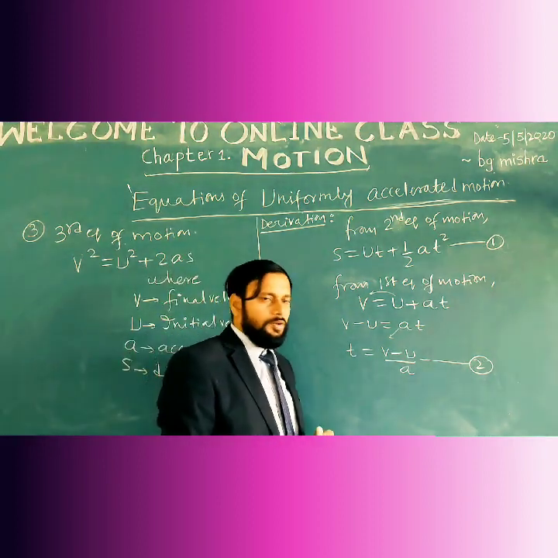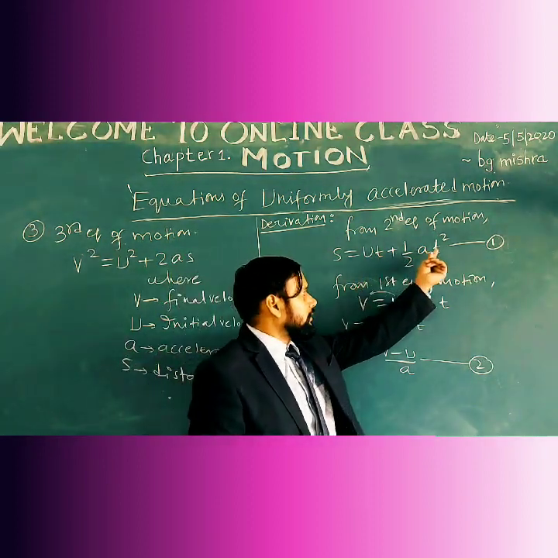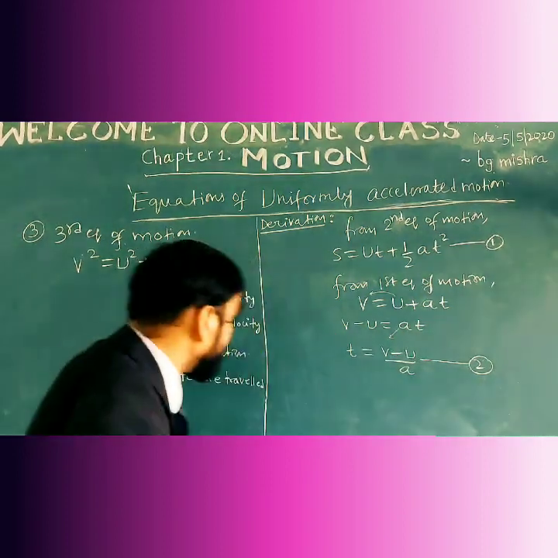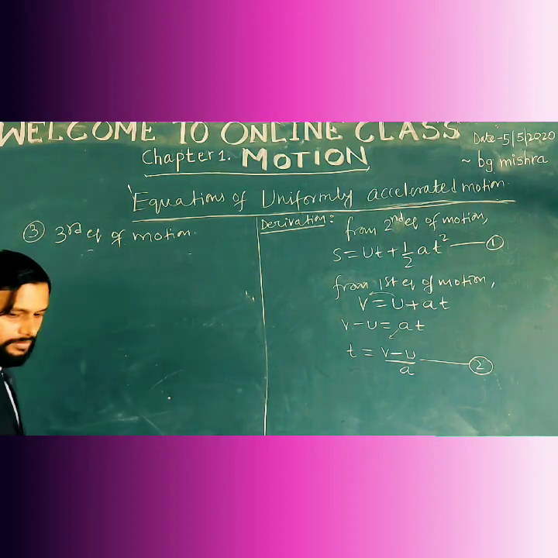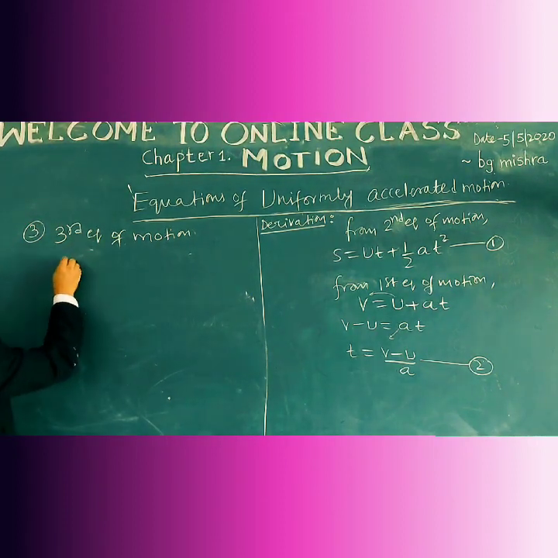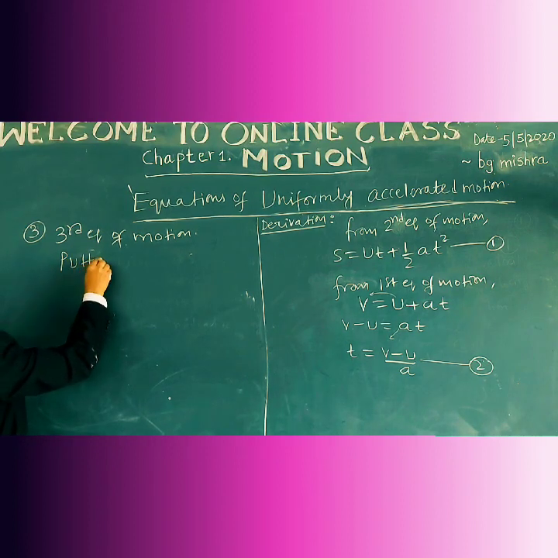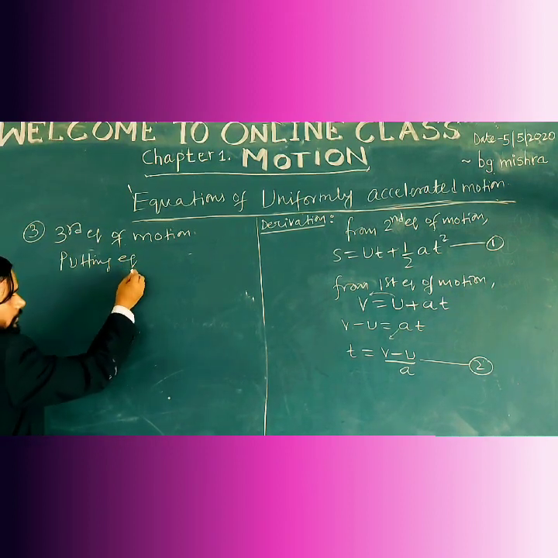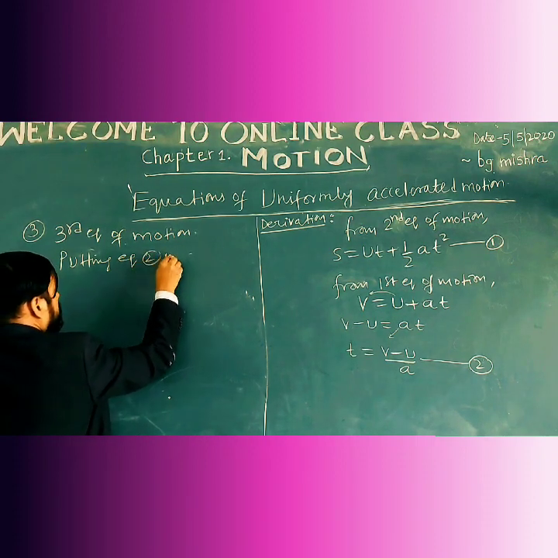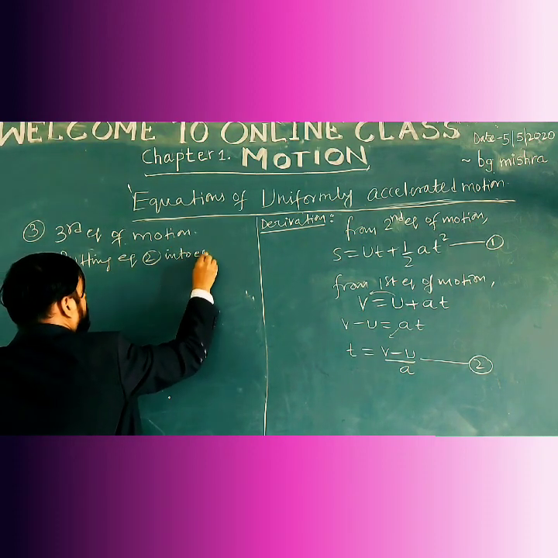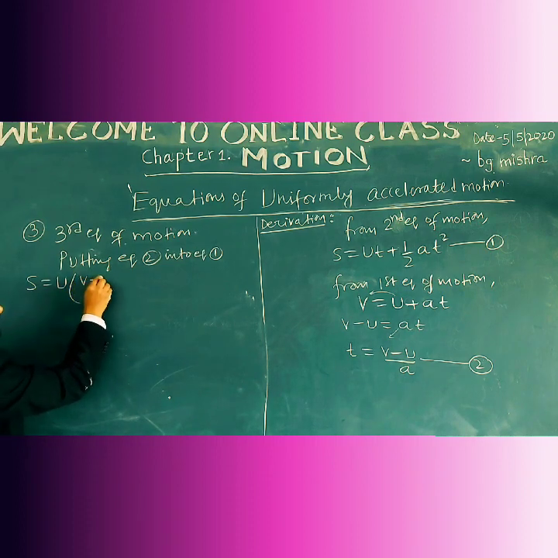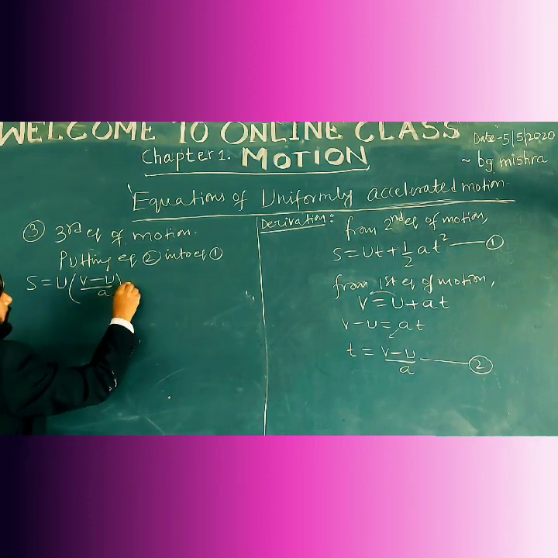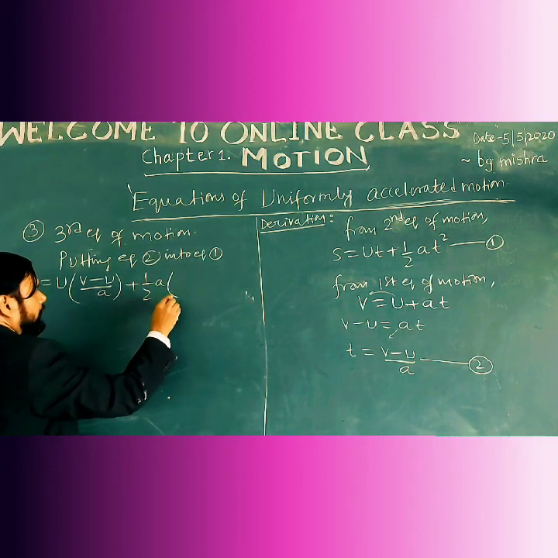Now substitute or put the value of T in equation 1. So now write, putting equation 2 into equation 1. That means S equals UT. T means V minus U upon A plus half A T square.